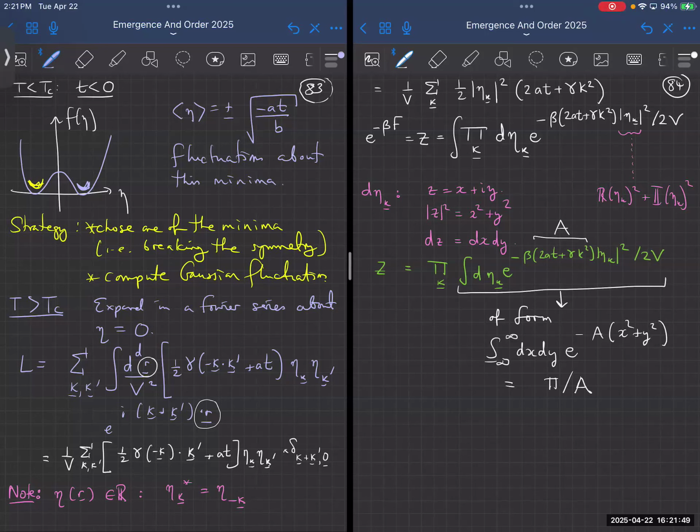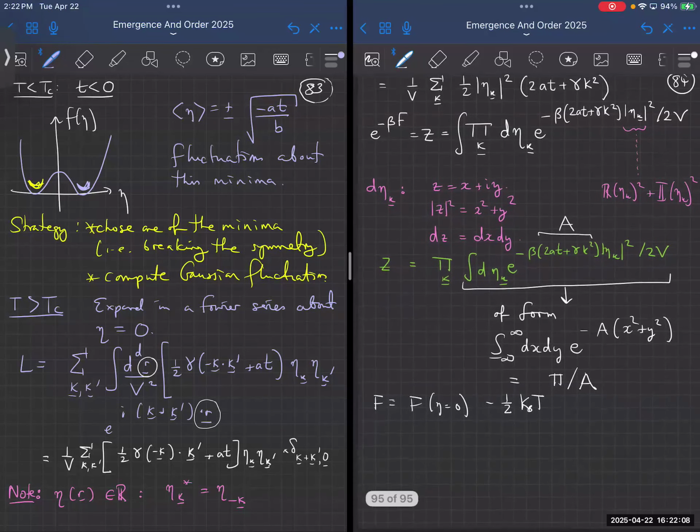And so what I end up with is that the free energy is equal to the free energy when the system is at eta equals 0, minus 1/2 kBT. And now I've got to sum over all the k modes.